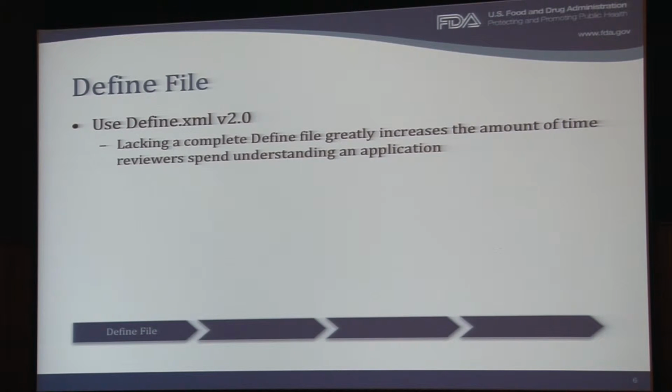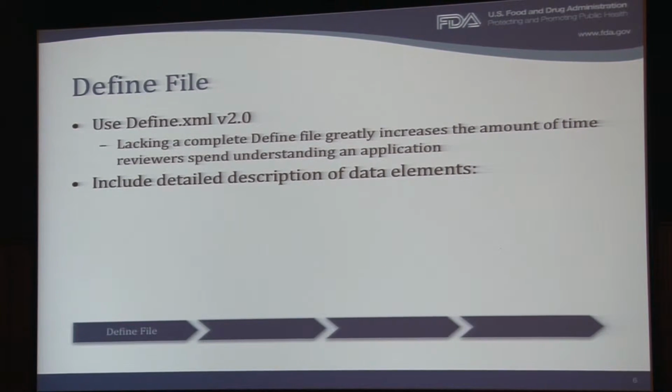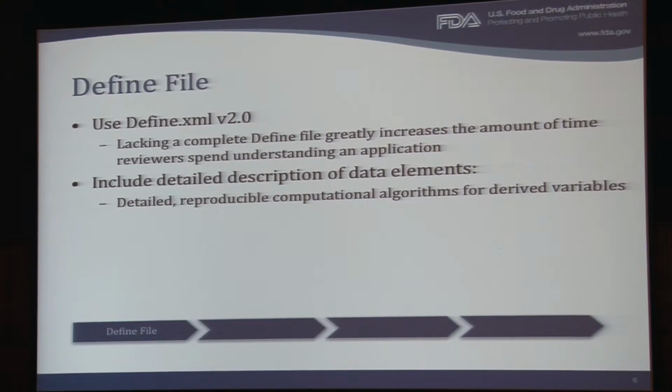So issues regarding the defined file. We really like to see more of the new version 2.0 that really helps assess the application. And of course, the impact of lacking a complete and well-delineated defined file greatly increases the amount of time reviewers spend understanding an application. So we would really like to see detailed description of data elements included in the defined file, and specifically detailed reproducible computational algorithms for all derived variables.